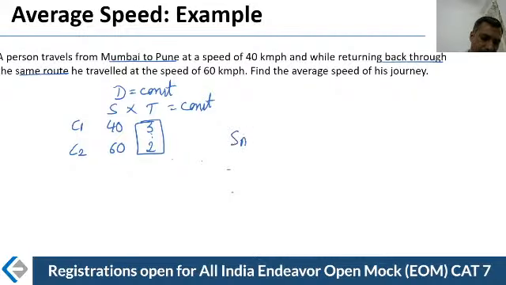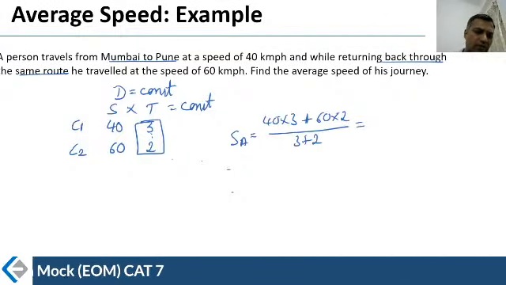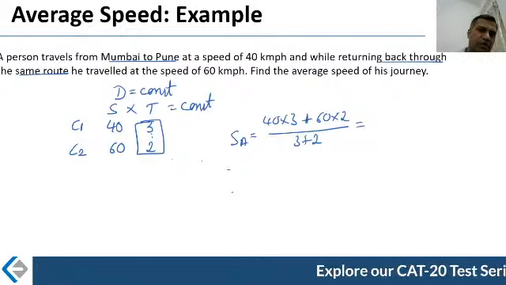Therefore, what is the average speed? It is 40 into 3 plus 60 into 2, divided by 3 plus 2. This time the time ratio was not given because the author felt there is no need, since distance is constant.